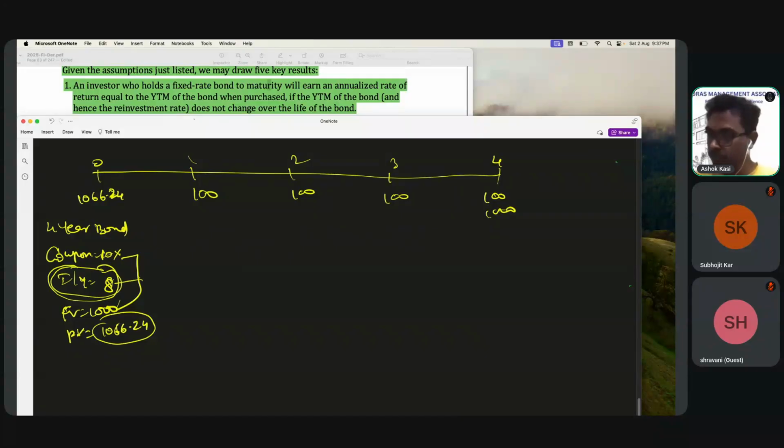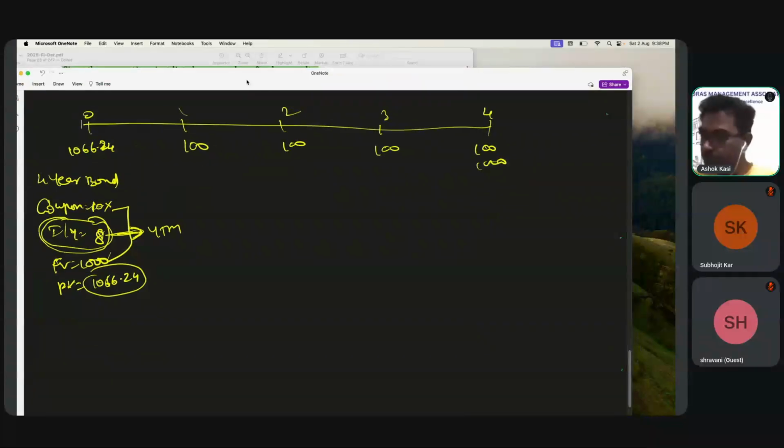So assuming it is not going to change, and if you hold the bond till maturity, you are going to get 8%, and that is why this is called YTM, yield to maturity. Why? Because assuming no change happens, this 8% is going to be the YTM. Let's prove that. So first of all, you are investing 1066.24. You will get 100. Then what will you do?